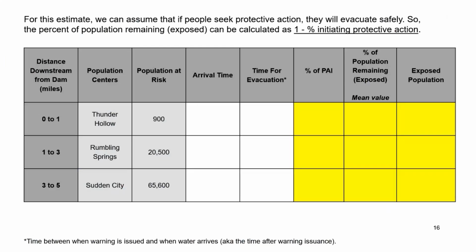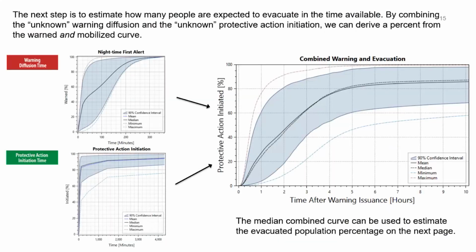What do we think? Let's start with the 0 to 1. What do we think the PAI rate will be? Again, picking from this curve, we haven't done the 1 minus yet. They have, sorry, 80%. I honestly don't remember. So you're using ample, I assume.